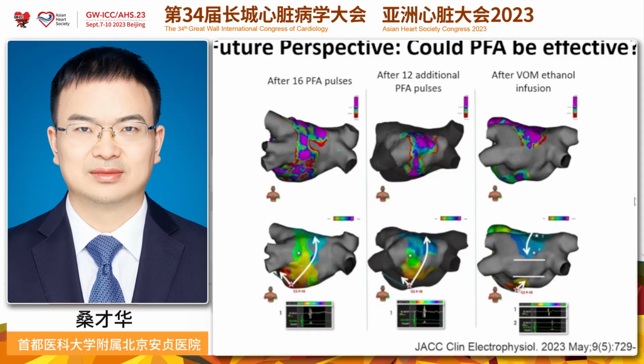So PFA maybe cannot damage the esophagus, but it's not so good for posterior wall ablation.